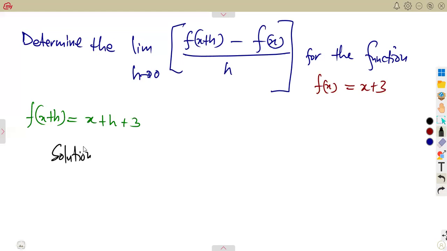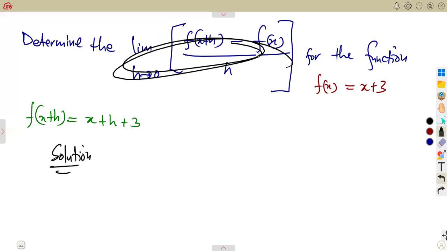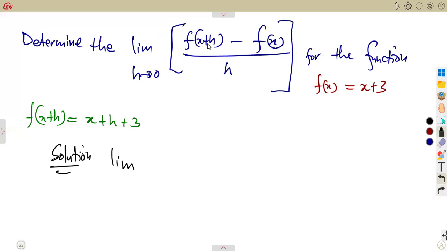All right, so let's see. Remember, I asked you to determine this. They're not saying find the derivative. No, they want to avoid that concept. But still, it's the same first principle. The limit of f of x plus h, we got our f of x plus h. That is x plus h plus 3.